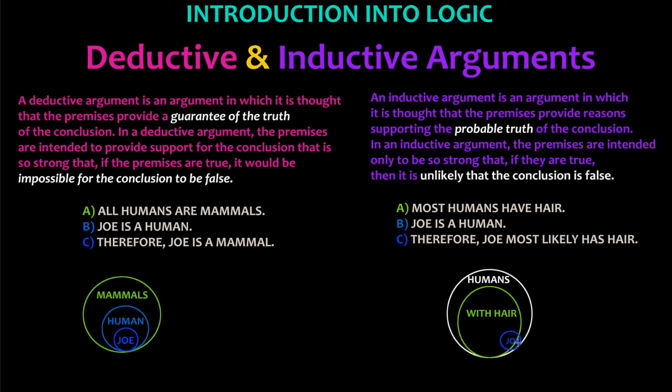So I hope that this video showcases the difference between deductive and inductive arguments in a compelling way. Deductive arguments are structured in a way that if the premises are true, it guarantees that the conclusion is not false. An inductive argument is structured in such a way that if the premises are true, it is simply unlikely that the conclusion is false.